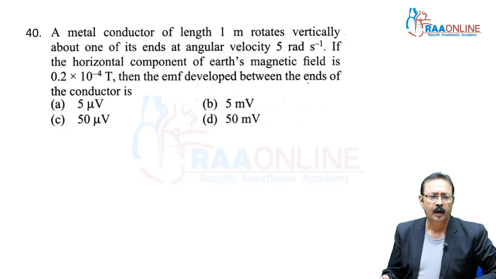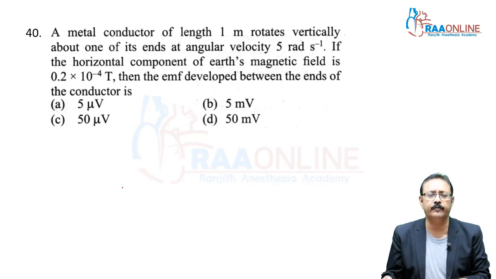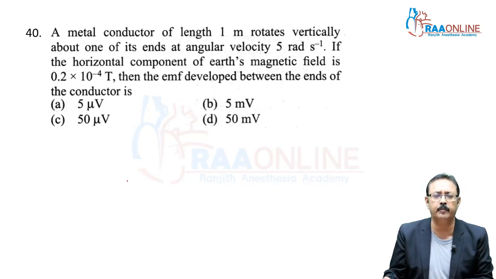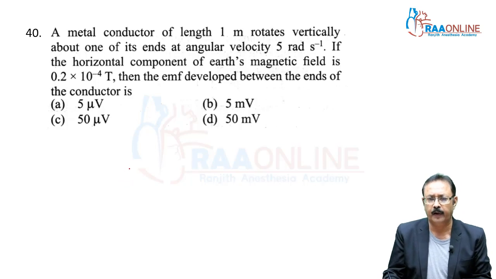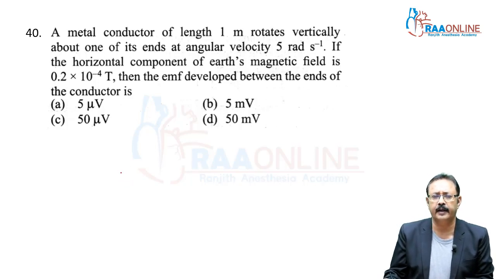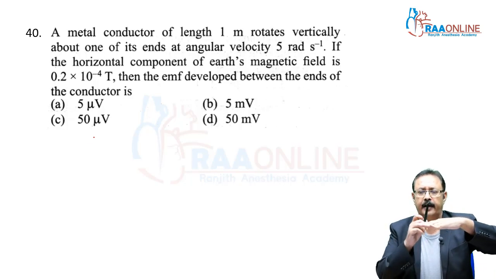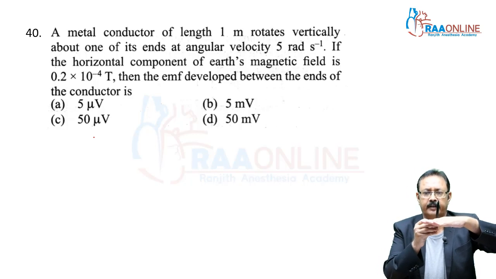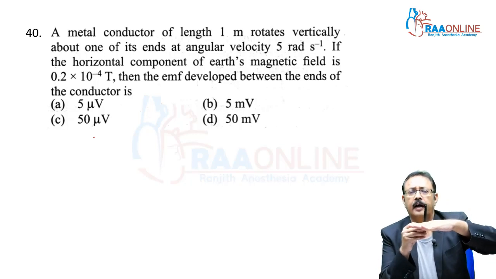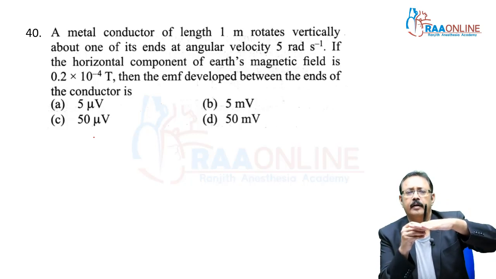40. A metal conductor of length 1 meter rotates vertically about one of its end at angular velocity this, if horizontal component of Earth's magnetic field is given. Horizontal component means this, and your conductor is perpendicular vertical, and rotates vertically.